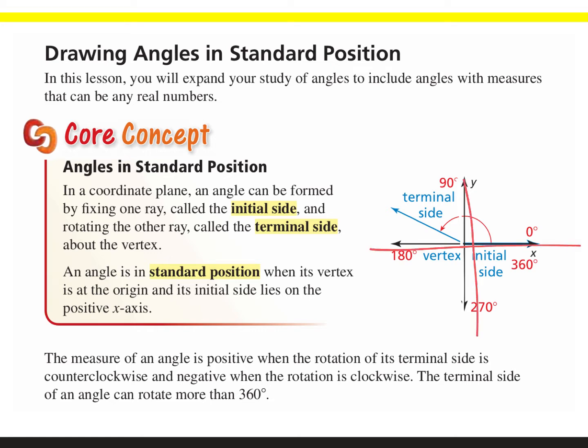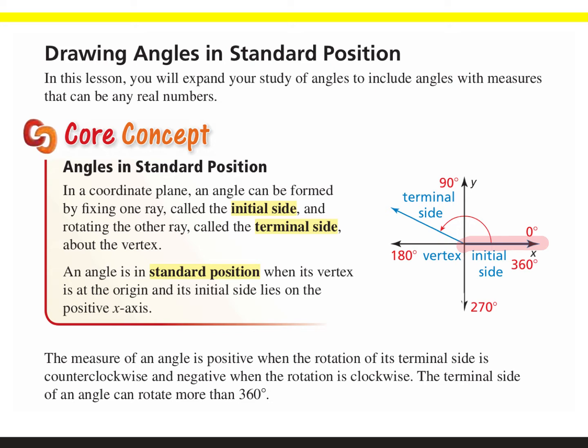An angle can be formed by fixing one ray, called the initial side, and rotating the other ray, called the terminal side, about the vertex. So we start at our initial side, which is always here. This is always going to be your initial side. And our terminal side is where we end.